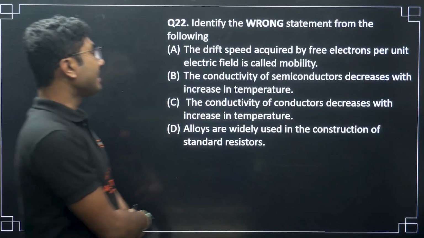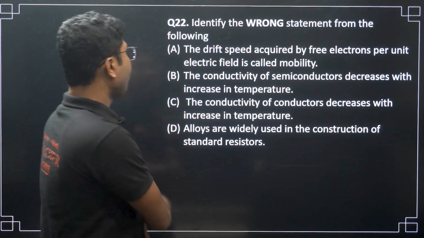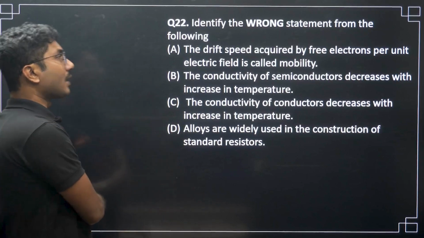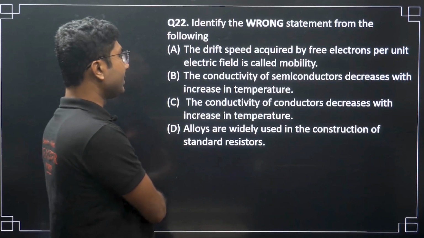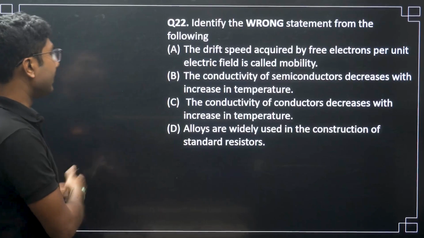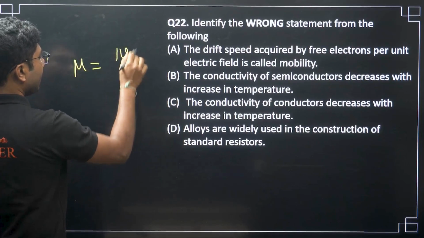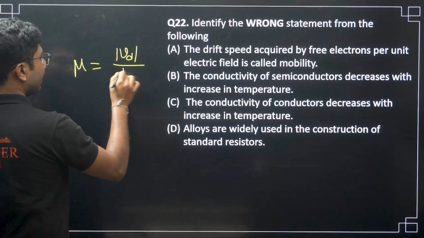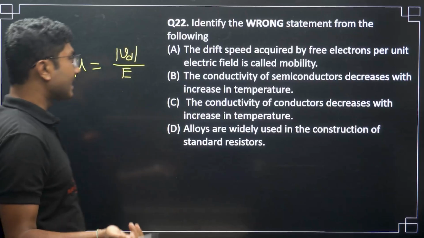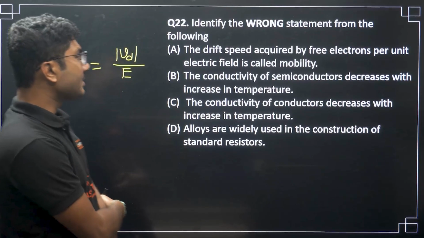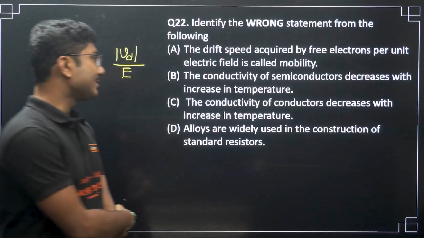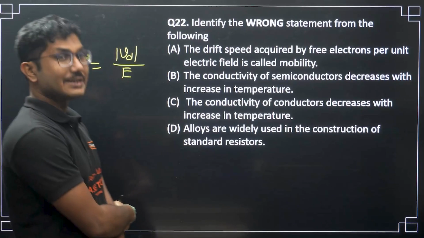Now identify the wrong statement from the following. Drift speed acquired by the free electrons per unit electric field is called mobility. Mobility is defined by magnitude of drift speed divided by electric field, so this is a correct statement. The conductivity of semiconductors decreases with increase in temperature, which is wrong.